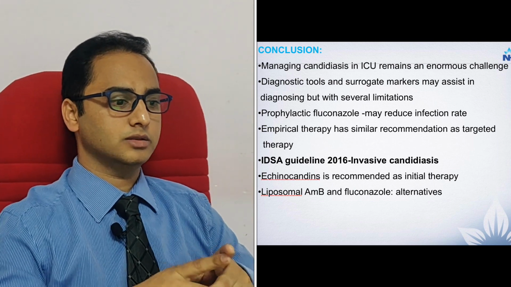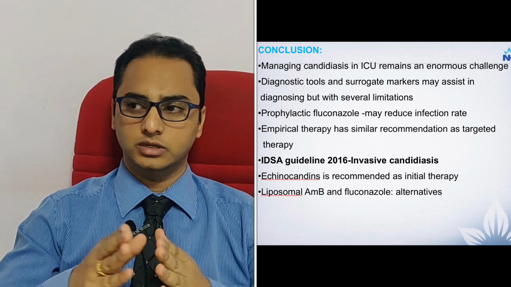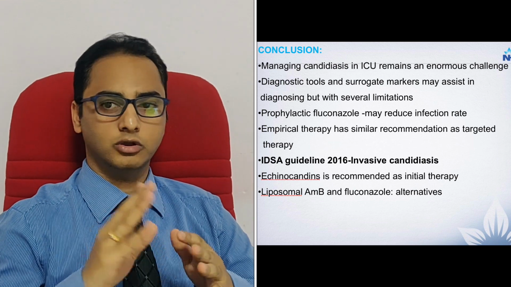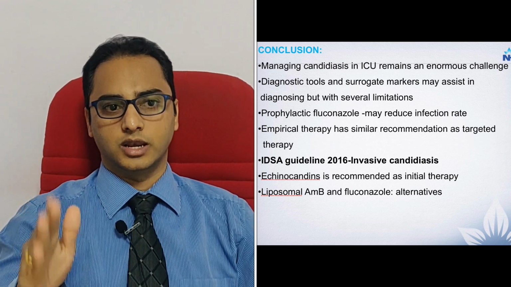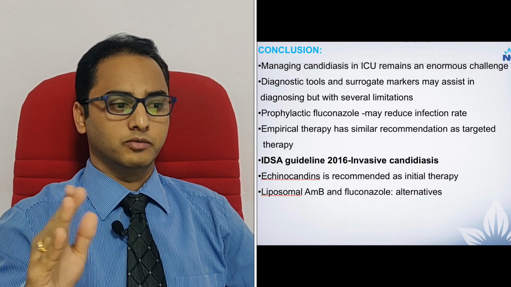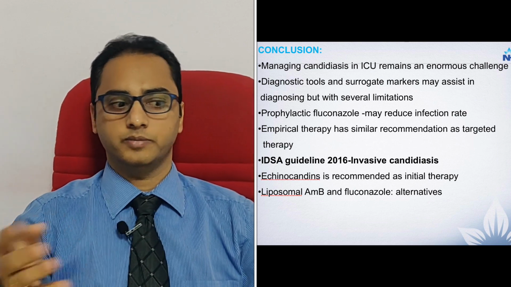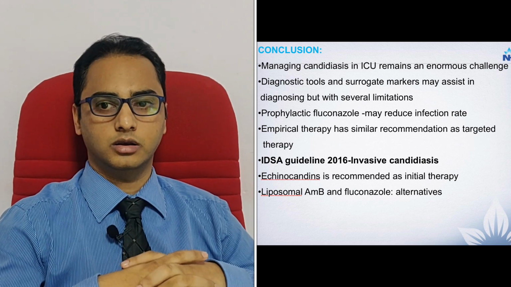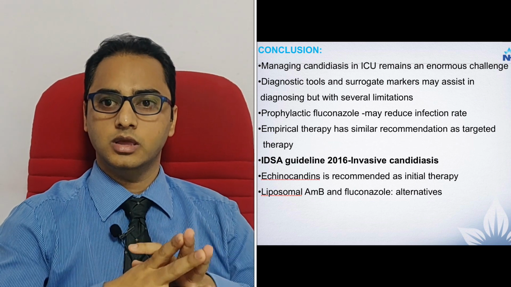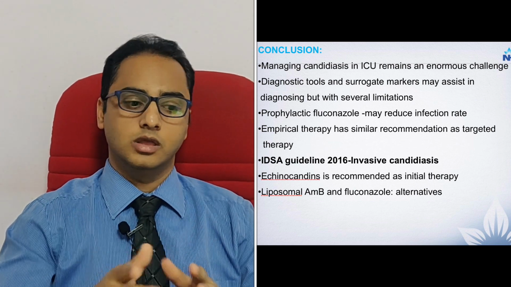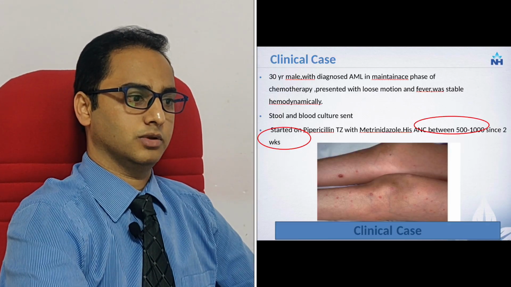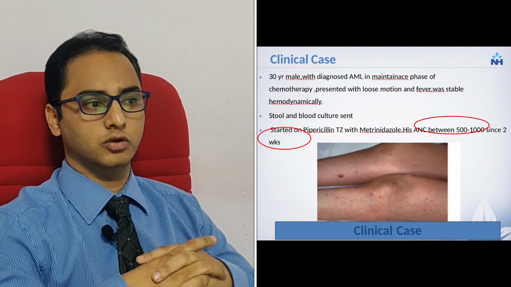According to the 2016 IDSA invasive candidiasis guidelines, echinocandins are the first line therapy, definitive therapy. We can use liposomal amphotericin or fluconazole as an alternative if the patient does not have any of the mentioned risk factors. So coming back to our case, what went wrong in our patient?